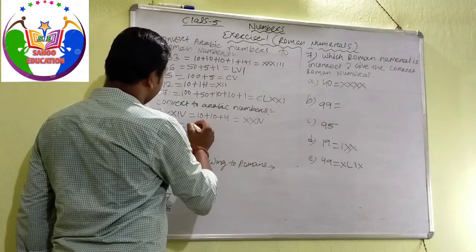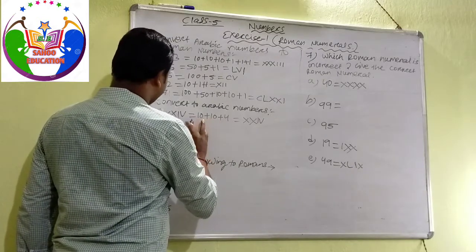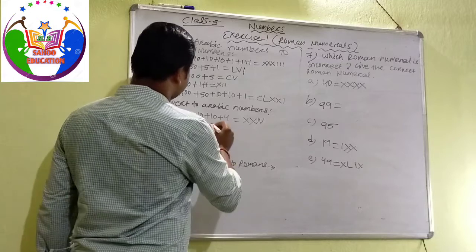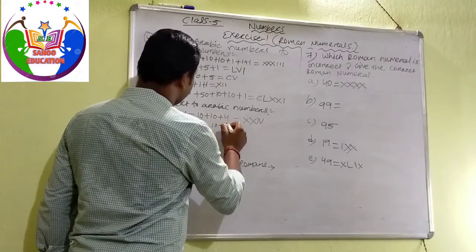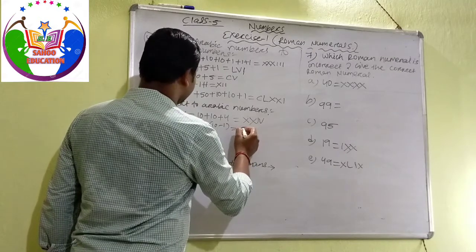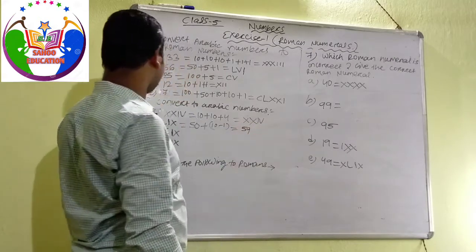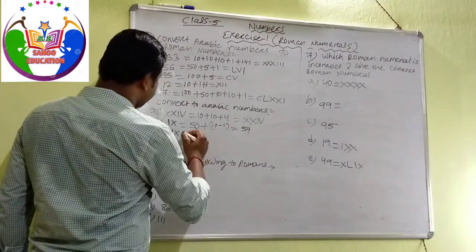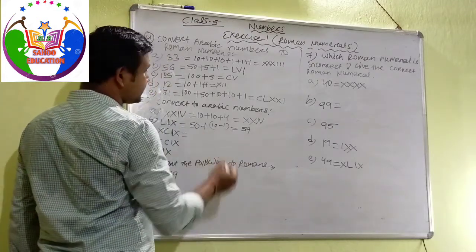L is for 50 and IX means 10 minus 1. So we'll write 59 for LIX.